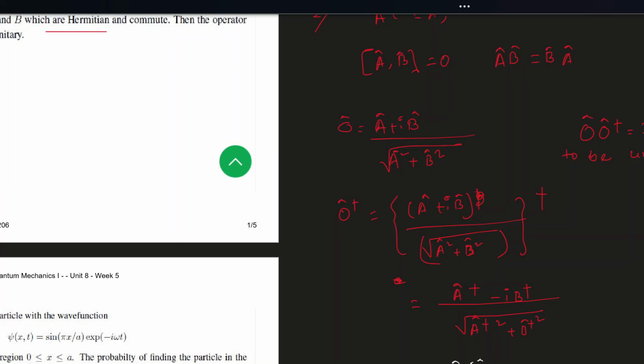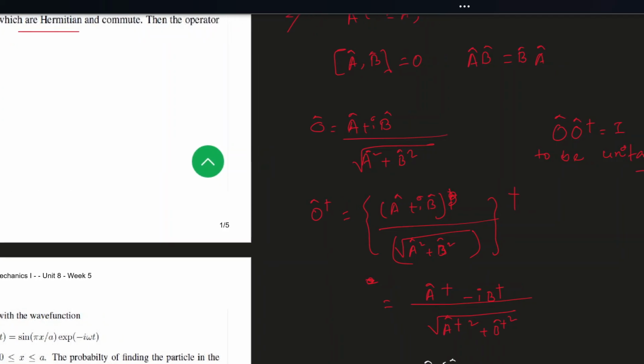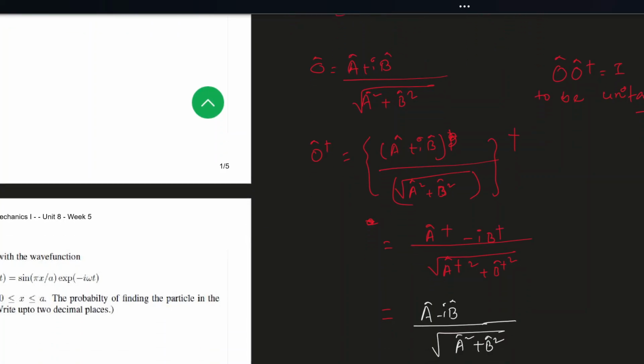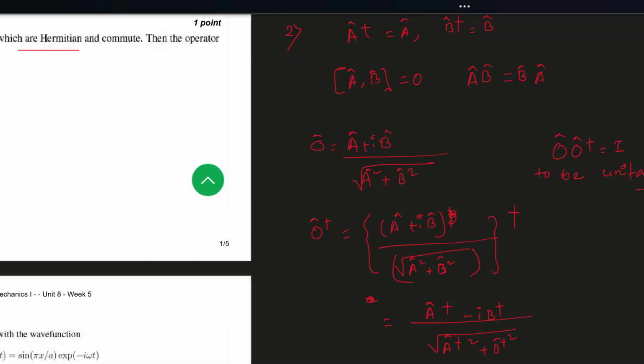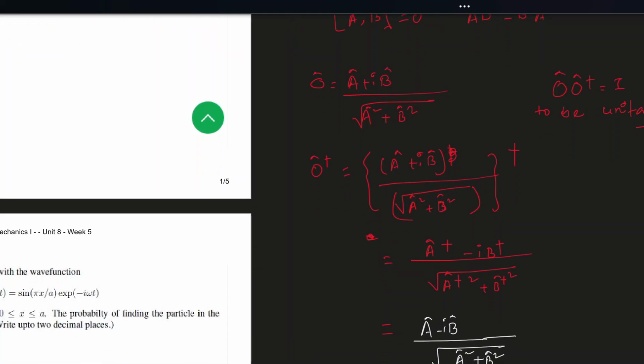So this is minus, if we take i common, then this is AB minus BA, then minus i squared B squared divided by root over of A squared plus B squared. So this is already this commutator relation. From this we know that AB minus BA is 0 because they commute, right? And so this becomes A squared and i squared is minus 1. This is plus 1. Okay.